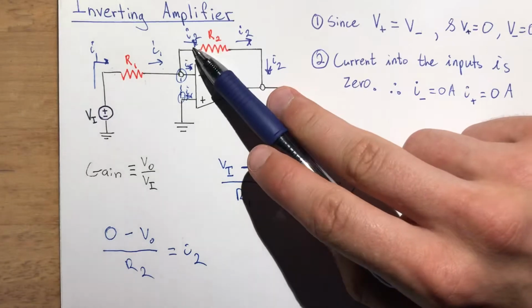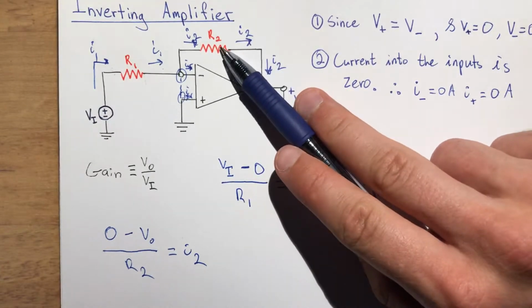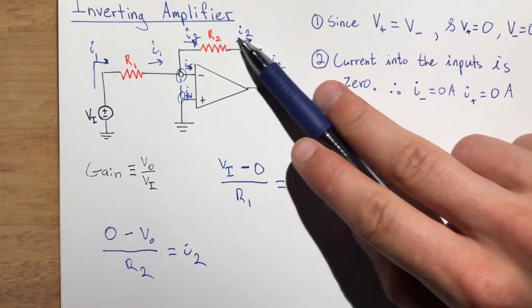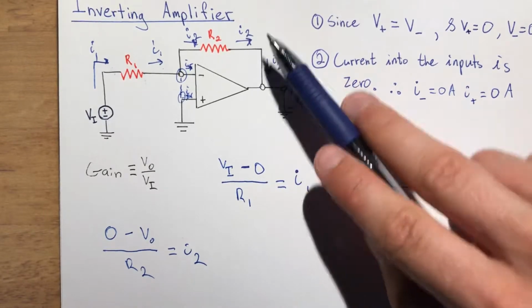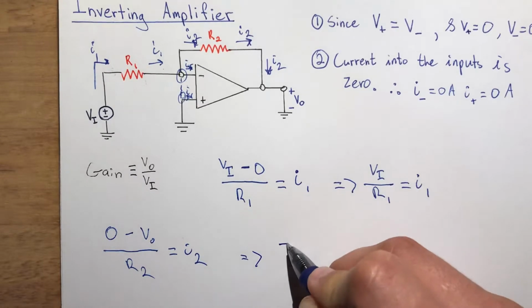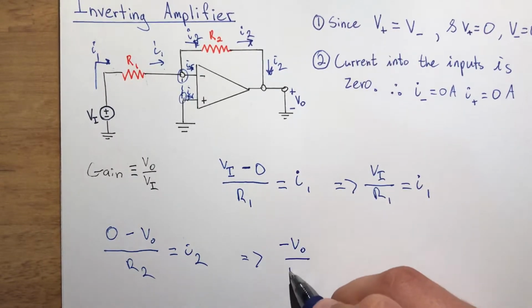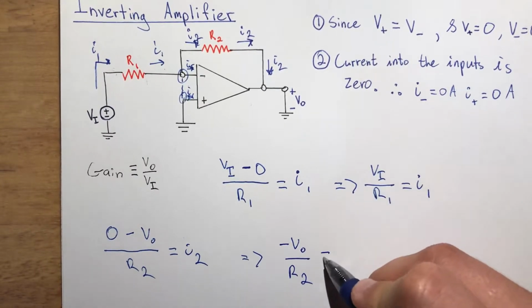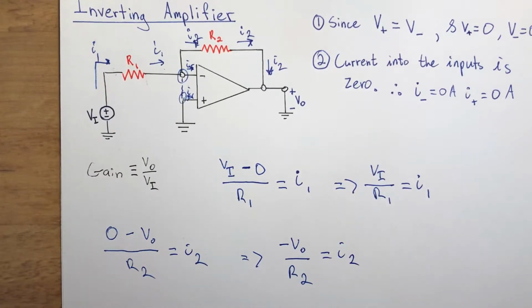Once again, voltage here minus voltage here divided by the resistance is equal to the current that flows through the resistance. 0 minus VO is negative VO over R2 is equal to I2.